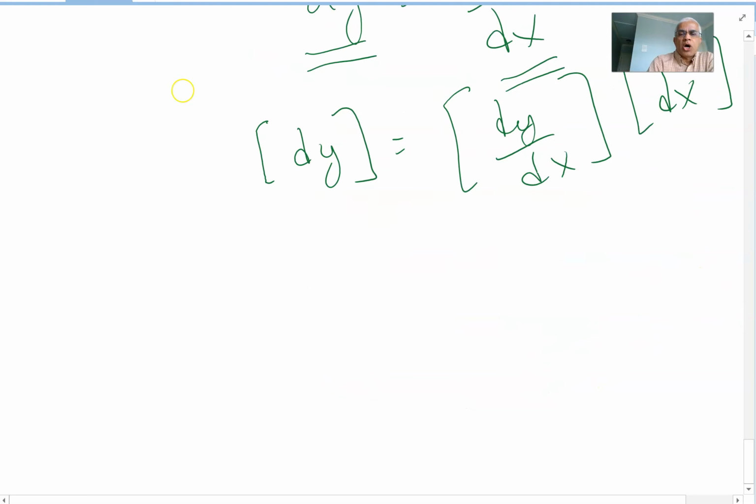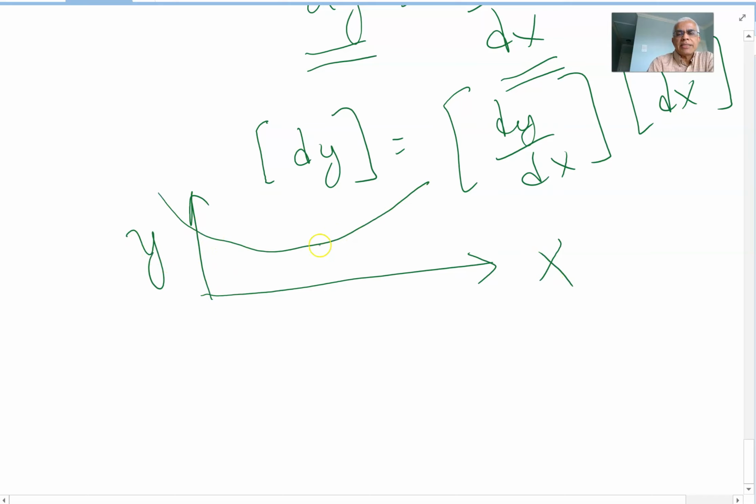Often this concept comes in handy. For instance, let's say this is my x-axis, this is my y-axis, and I have a function that might look like this. So this is y at a certain location x, and I may ask the question, how much does y change by if x changes just a little bit? So if x goes from, let's say, x to x plus dx over 2, then the question is, what does y change by?